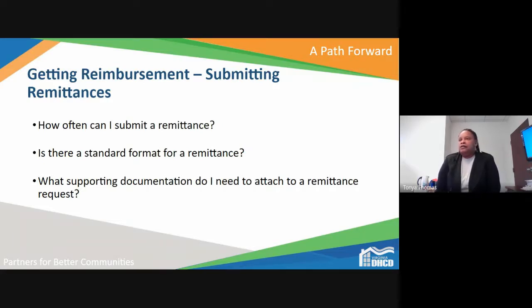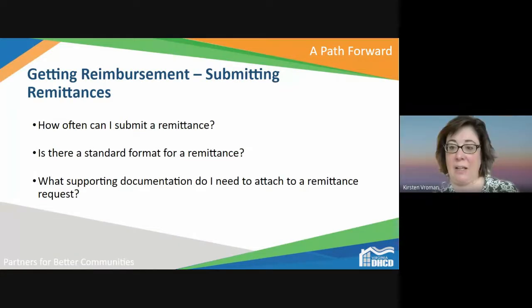So if that's time, then you would need to have timesheets in place, not necessarily uploaded with the remittance, but you would need to have those in place. Any type of invoices that support or substantiate the cost that you are requesting for, as well as the updated cover sheet, CAMS cover sheet remittance.